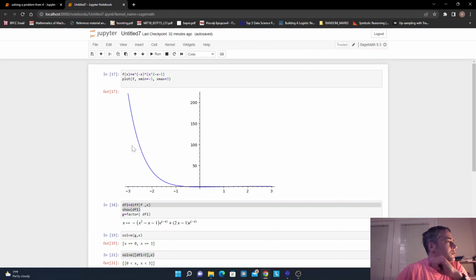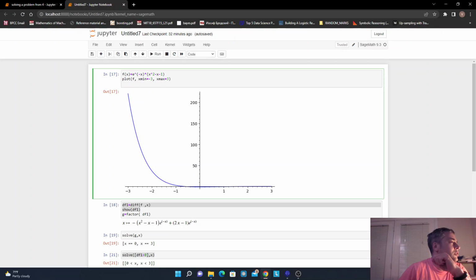And now I'll move on to another problem that I just made. f of x equals e to the power minus x times x squared minus x minus 1. Right away I plotted it, not much I can see from the plot, and I wouldn't be able to see some fun features of this function if I just look at one plot.